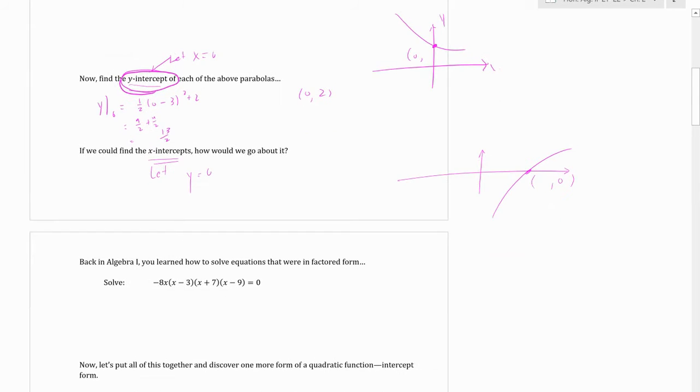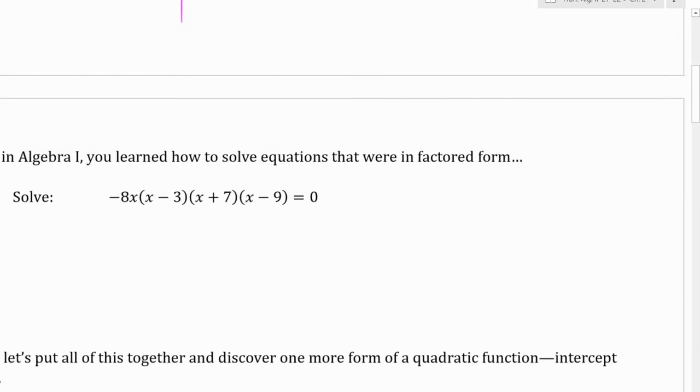So back in Algebra 1, like we got a lot of stuff going on right here at once. Back in Algebra 1, y'all learned how to solve things like this. Like they're already in factored form. How could I solve it? Because when you put things in factored form, it's something times something times something times something. Like if you multiply a bunch of stuff out and you get a 0, it's because one of those numbers at least was 0.